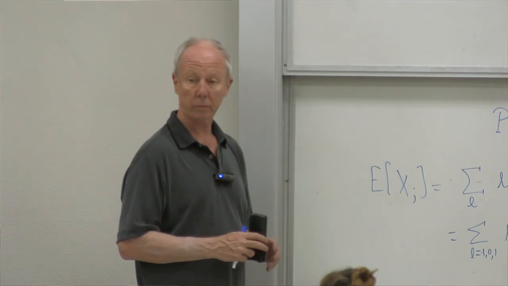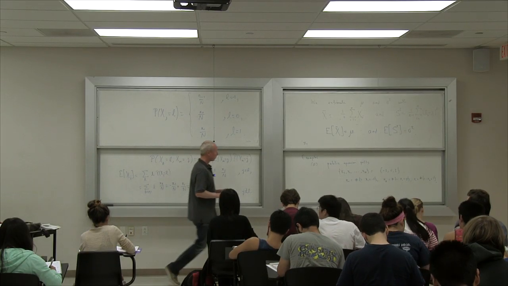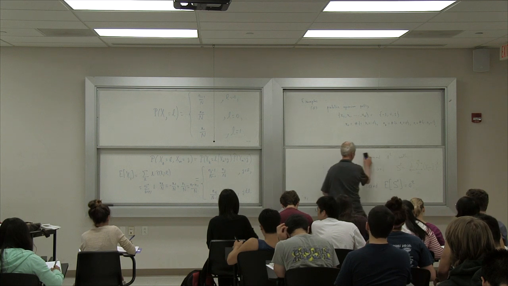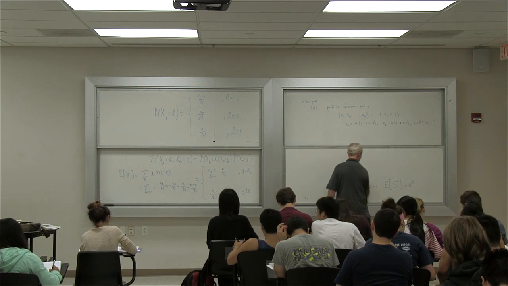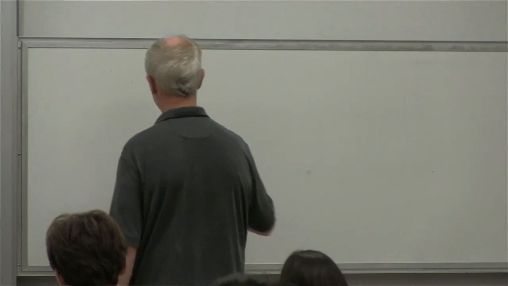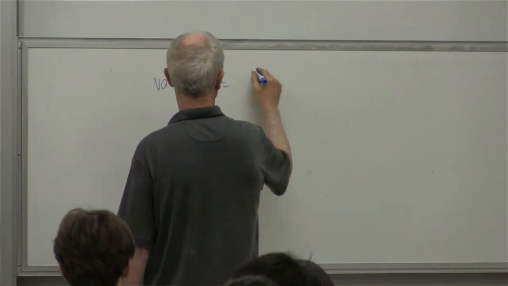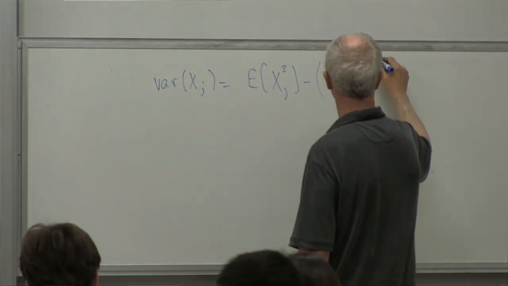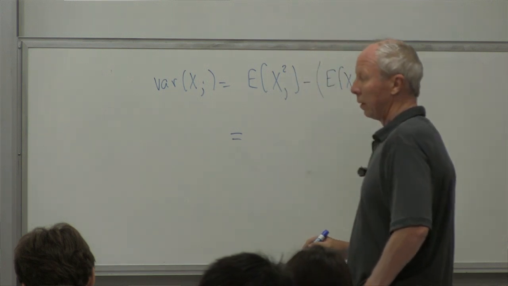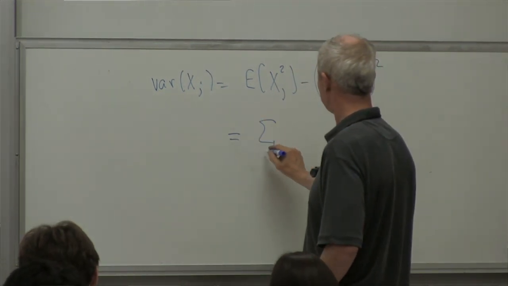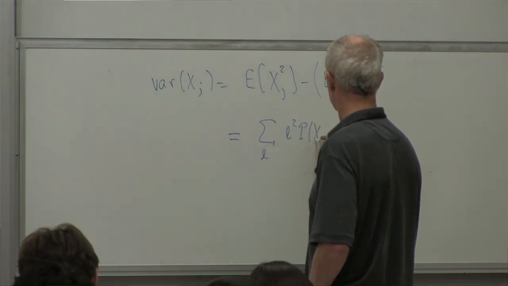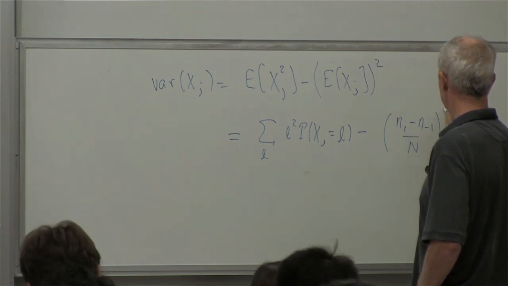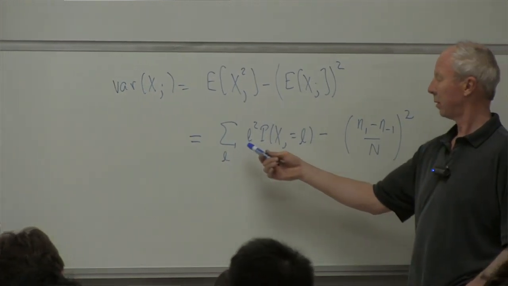What about the variance of x sub j? Okay, now here, what would we get?